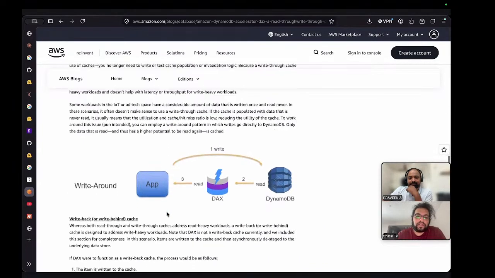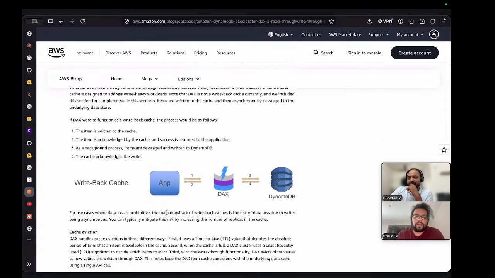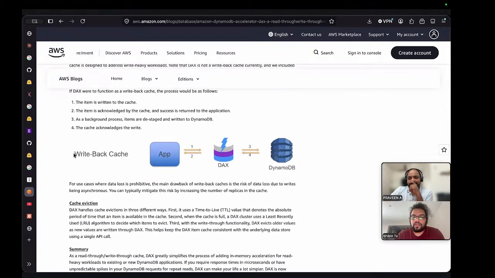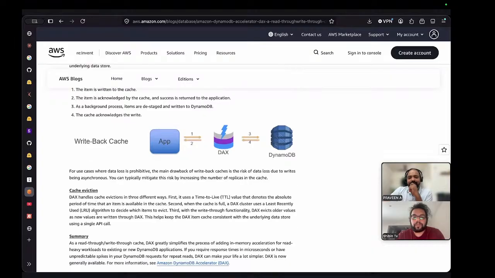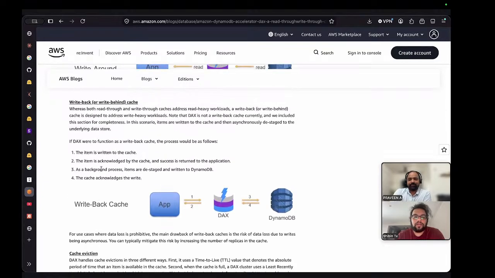Then the other pattern is, let's come back to write around again. I think it's easier to understand write back first. Write back cache is simple. Whenever a write happens, DAX, or whatever the middle caching layer is, doesn't write immediately.